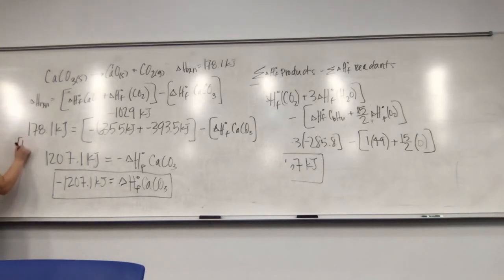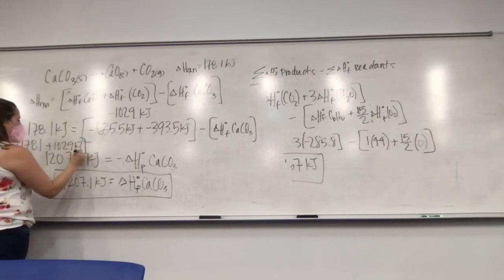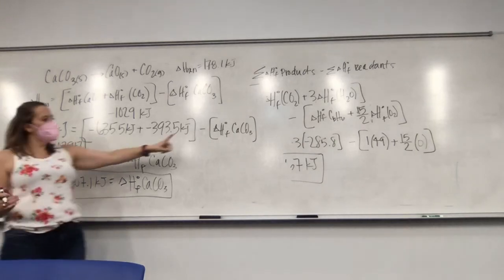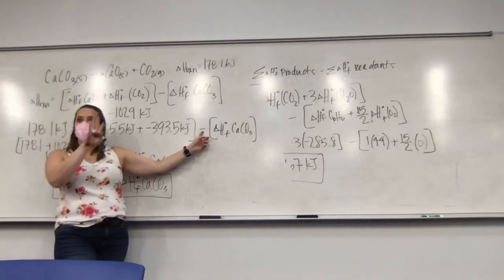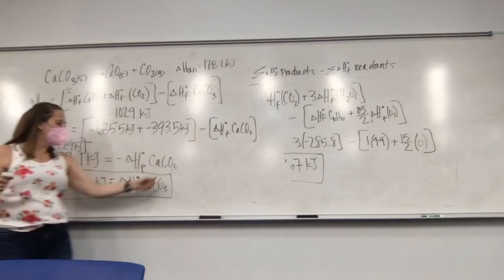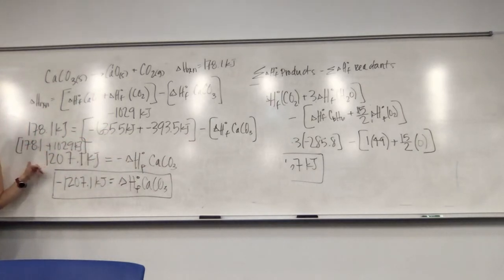So this is 178.1 plus 1029 kilojoules, and when you add those two together, you get positive 1207.1. But this negative sign, because we are supposed to subtract that H naught F value, means that in order to find the delta H, you have to put the negative sign on the other side. It's a good question. I think math is hard. Let's just all be honest.